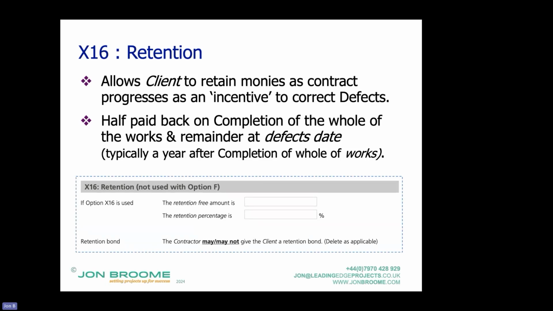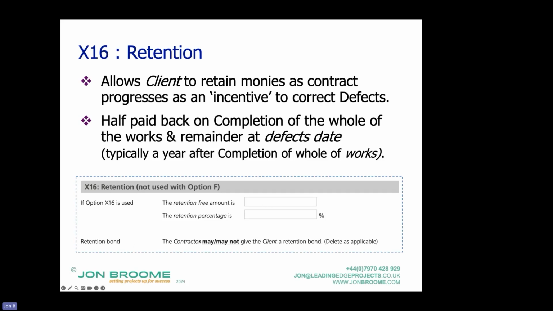If you do the maths, they'll end up with the same amount, 5%, at the end of the contract, which is when they want it. But in the meantime, for the first 80% of value delivered, the contractor's not financing that lost cash flow. So that's what that's about.